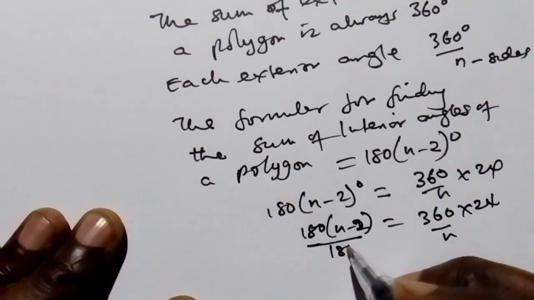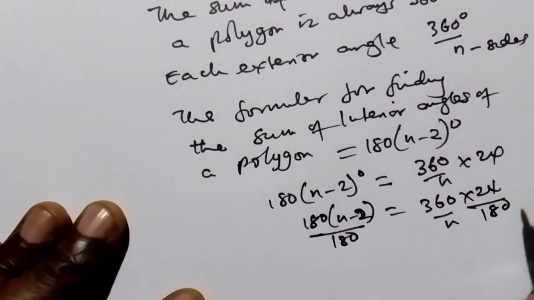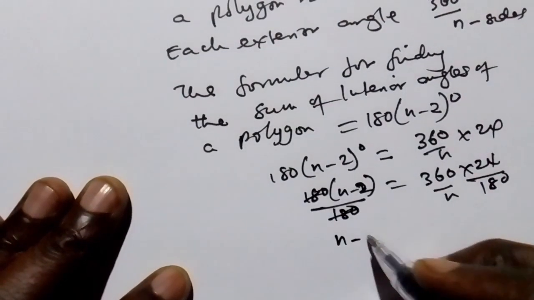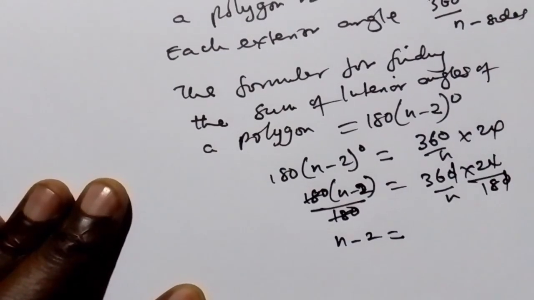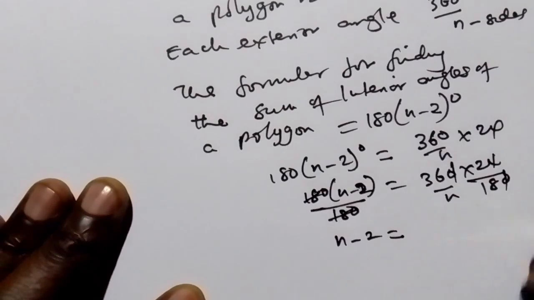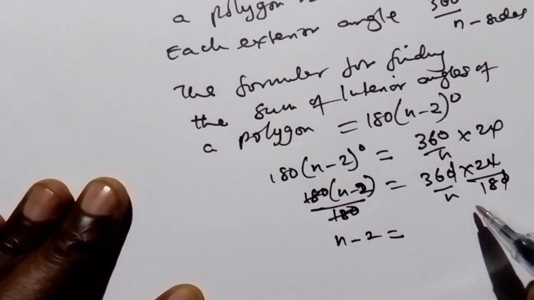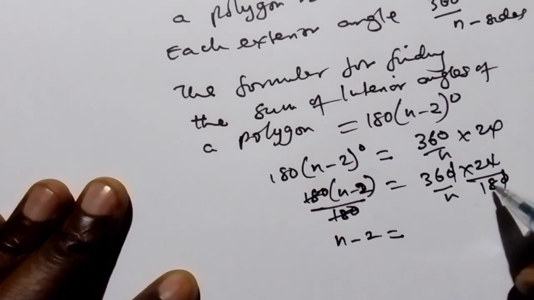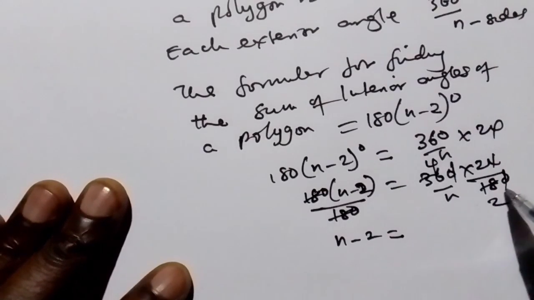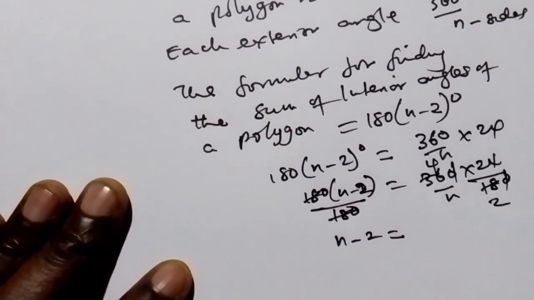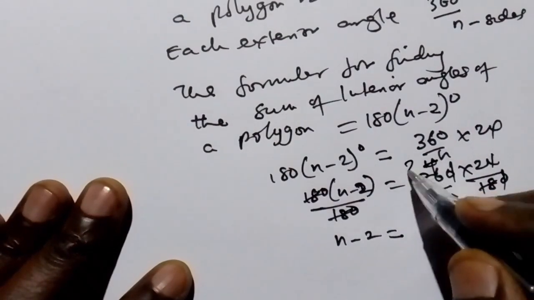We can divide by 180 on both sides. So n minus 2 is equal to 360 times 24 over n times 180. 9 goes into 18 two times, 9 goes into 36 four times.